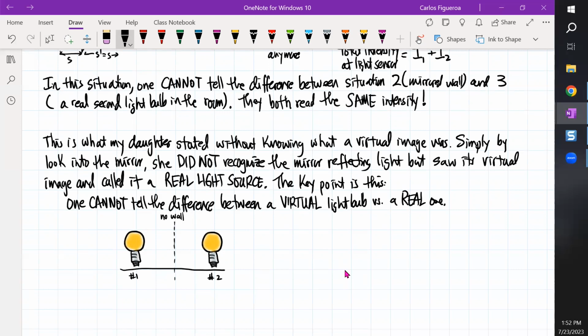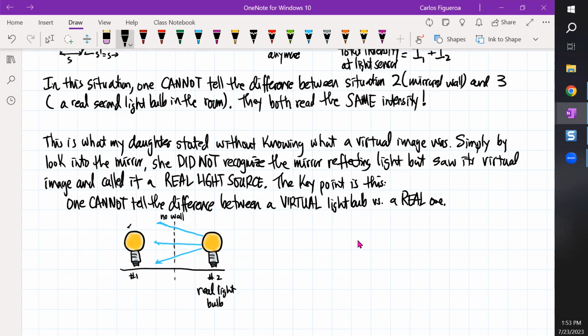So when I look at the light coming from this source, and the light coming there, and the light coming here, I would say that in this situation, this guy is a real light bulb.